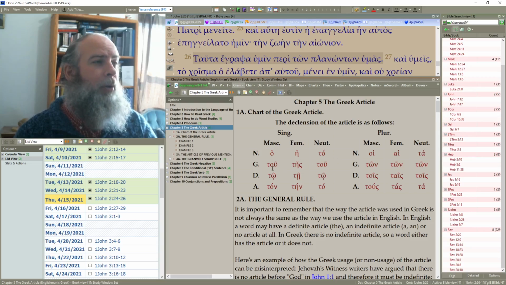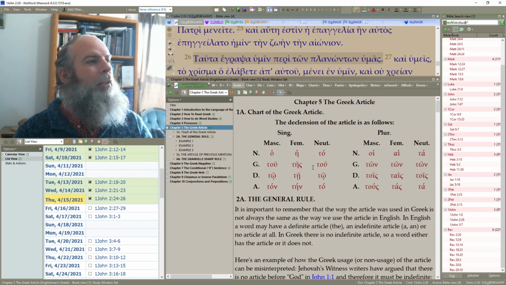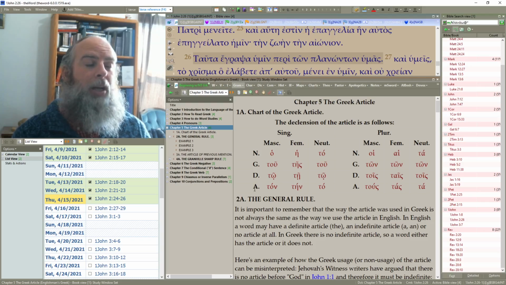If it was genitive, like of the dog, that would be tou, tes, tou. If you were looking for dative, like to him, it would be to, te, to. If you were looking at accusative, which would be more the direct object, it would be ton, ten, to.